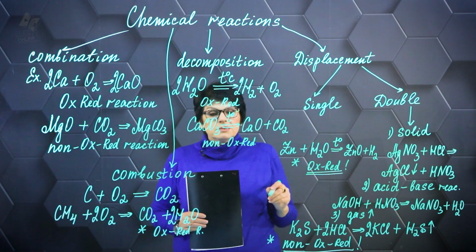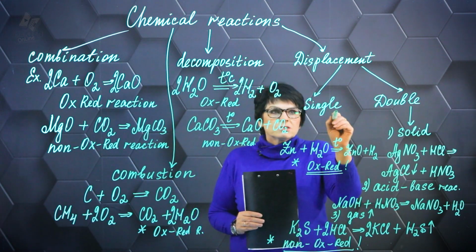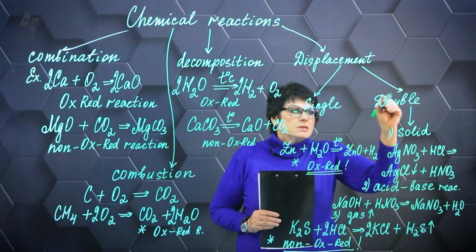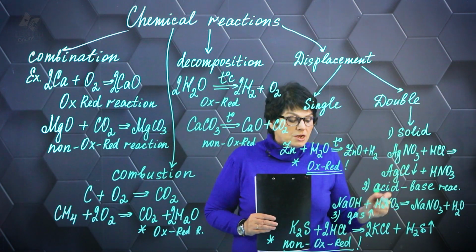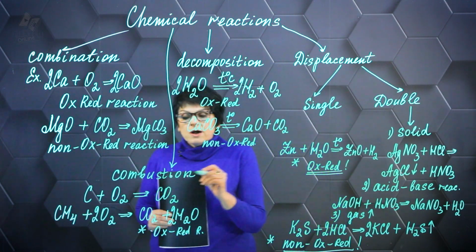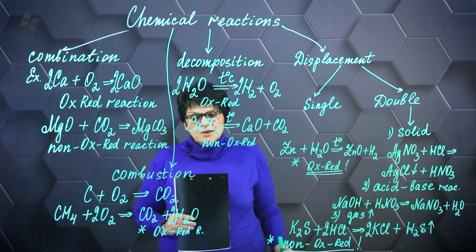Decompositions can be both redox and non-redox reactions. Substitution reactions, if it is a simple substitution, will always be redox reactions. If it's double substitution or exchange, it will always be non-redox. Well, the wonderful combustion reaction, it will always be redox.